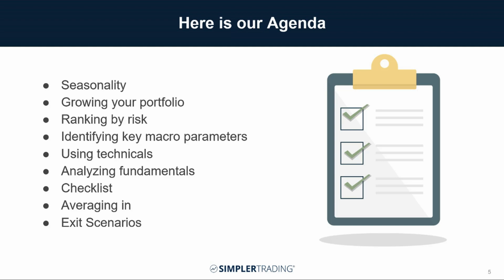We're also going to be talking about identifying key macro parameters, how to use technicals, how to analyze fundamentals, and I'm going to be going over my checklist. This is the checklist that I put everything through to determine how strong of a pick the overall investment is. And then we're also just going to discuss a little bit of averaging in addition to exit scenarios.